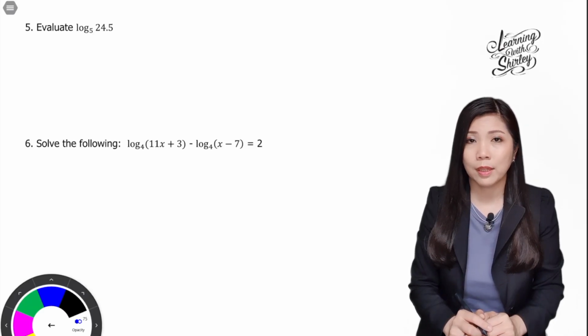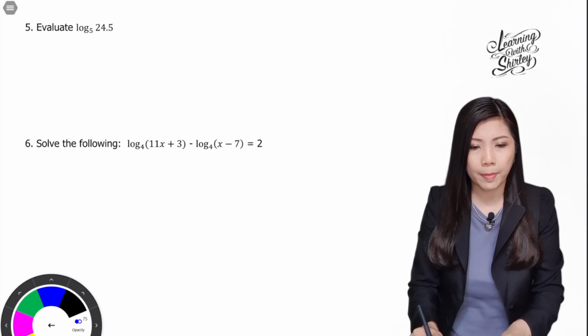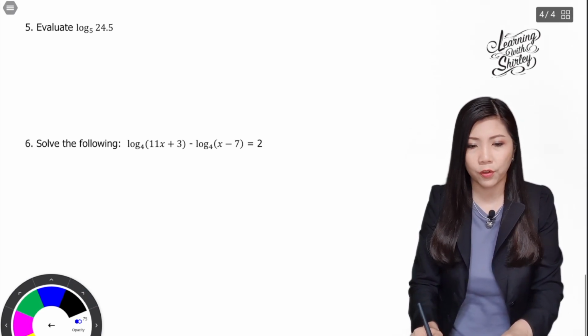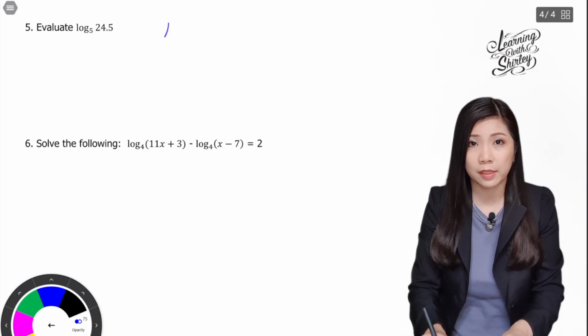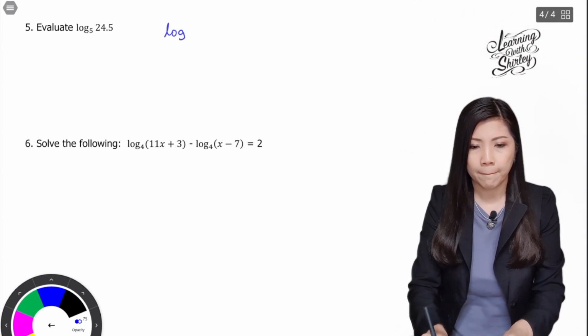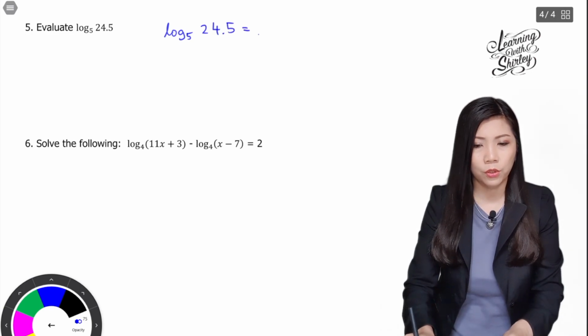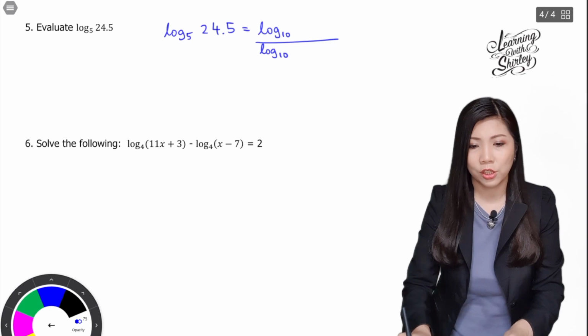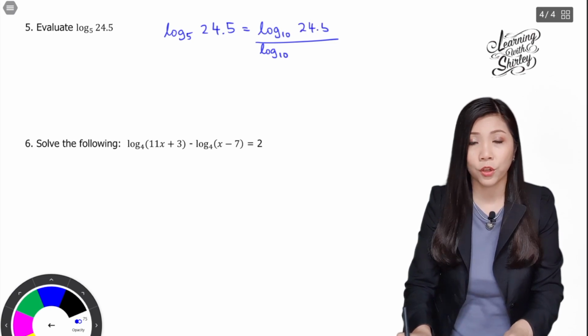Let's look at example number 5. Evaluate log base 5 of 24.5. For this, we have to change it to log base 10. So log base 5 of 24.5 equals log base 10 of 24.5 over log base 10 of 5. So 24.5 will be on top and 5 will be at the bottom.